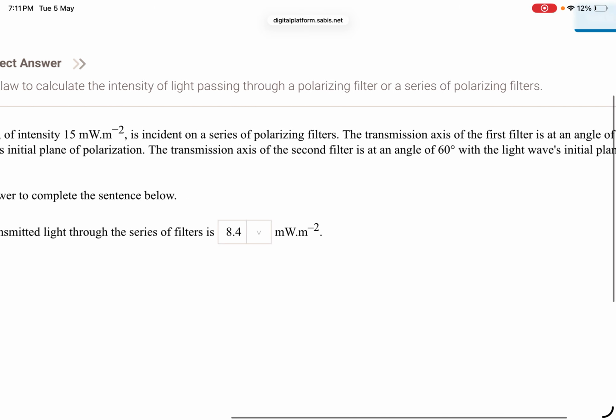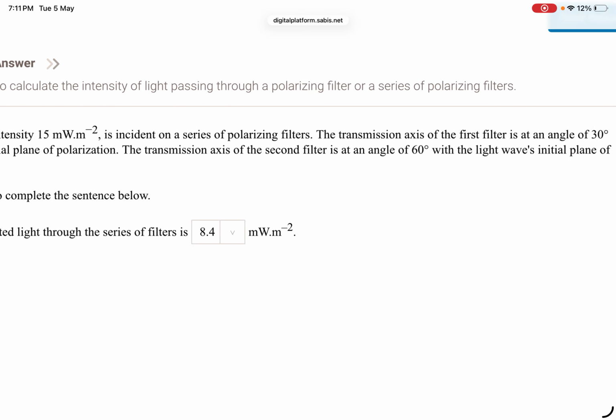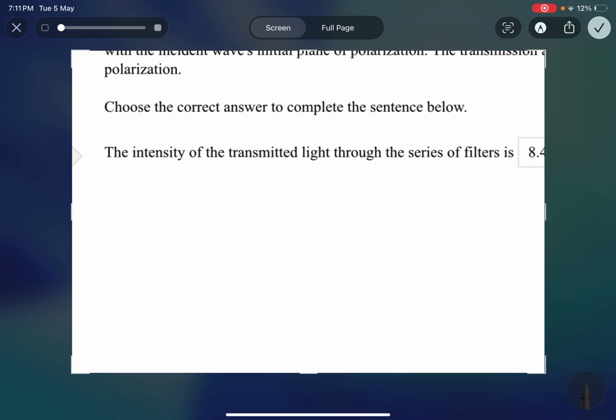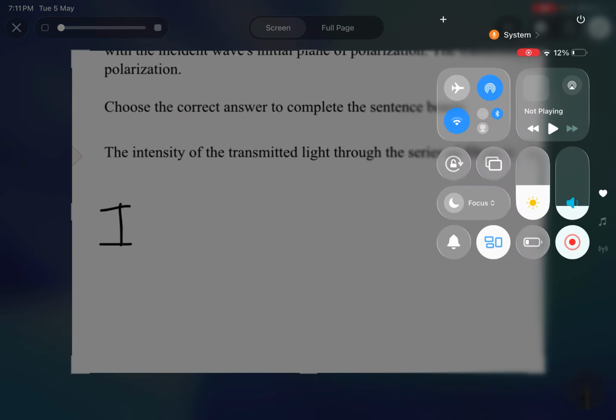The transmission axis of the first filter is at an angle of 30 degrees to the incident wave's initial plane of polarization. The transmission axis of the second filter is at 60 degrees with the light wave's initial plane of polarization. Choose the correct answer. They want the intensity transmitted.